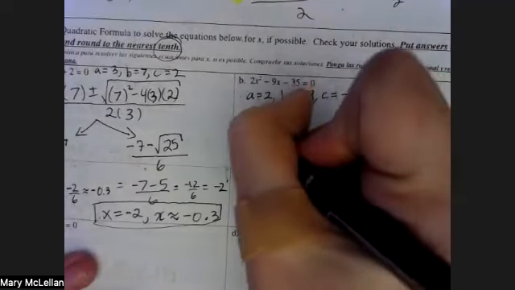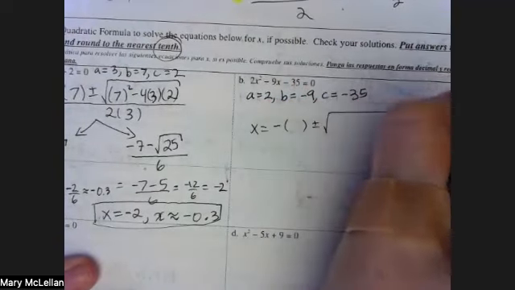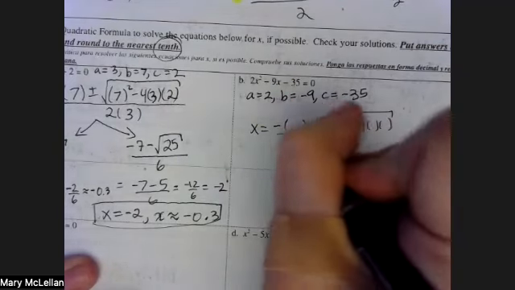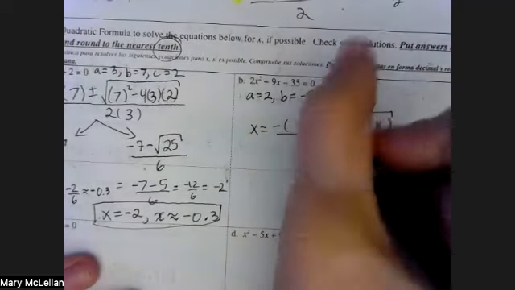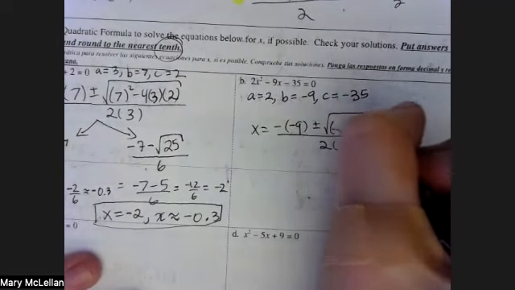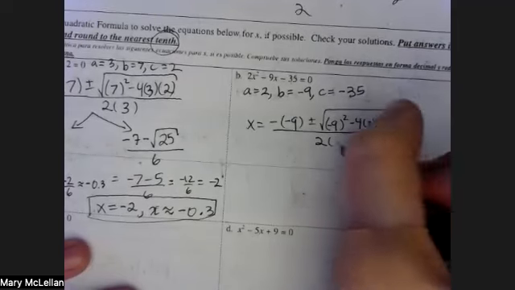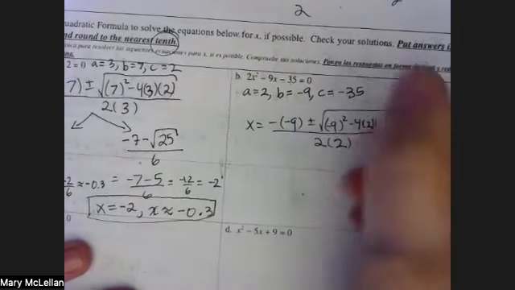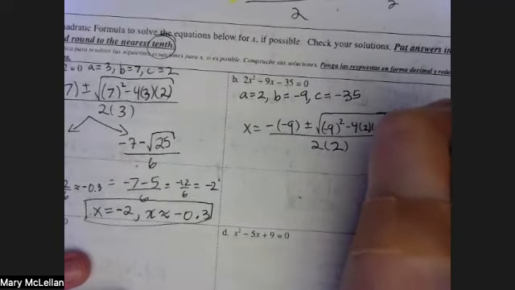Okay, I have X is equal to negative blank plus or minus the square root of blank squared minus 4 blank blank, all over 2 blank. I plug -9 in for B, negative B, squared. I plug in 2 for A, 4AC over 2A. I plug in -35 for C. It's a mess, but whatever.